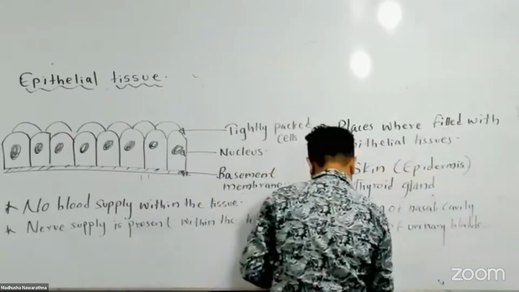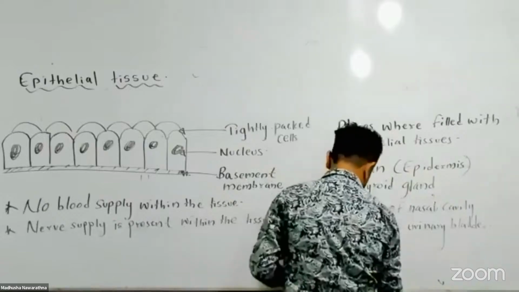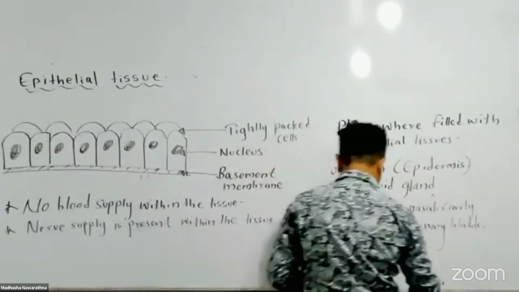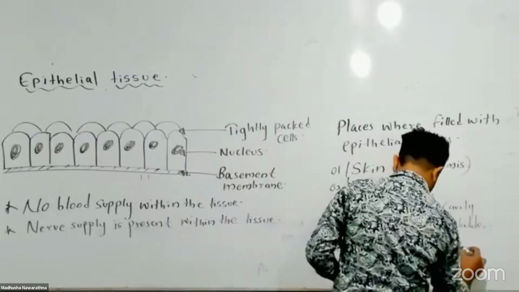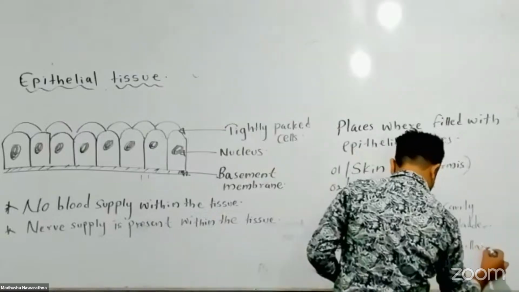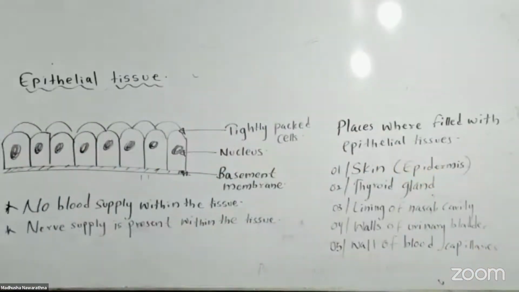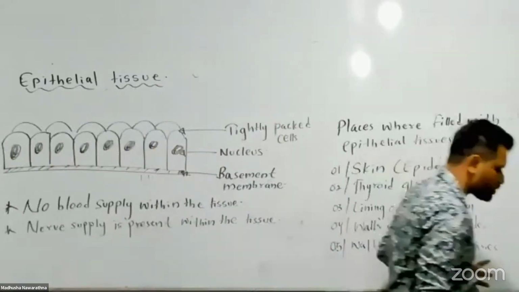Number 5, walls of blood capillaries. So those are the places where you can observe these sorts of epithelial tissues.